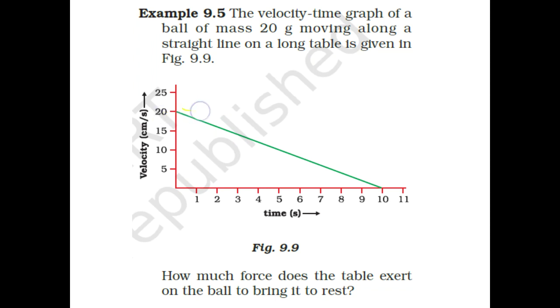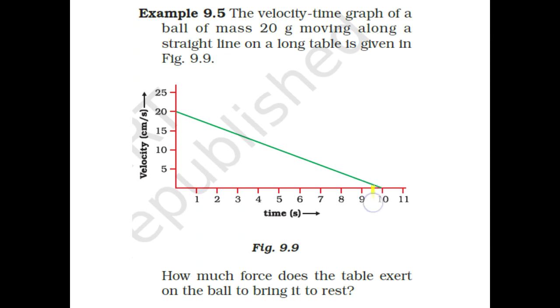So u is 20. And secondly, always remember, always see carefully what unit is given on the graph. It is centimeter per second. So we will write that initial velocity u equals 20 centimeter per second.